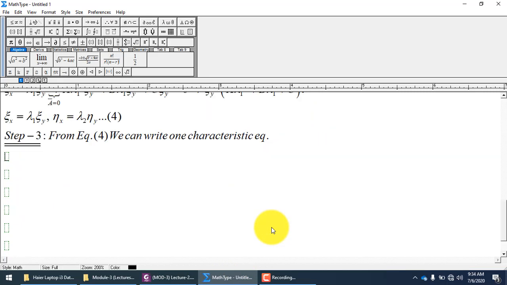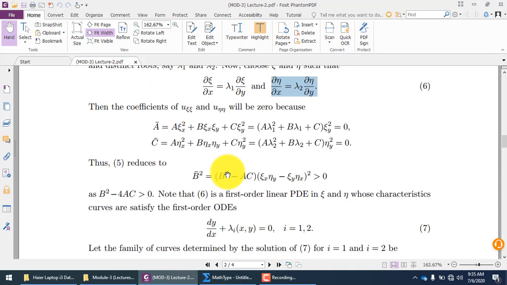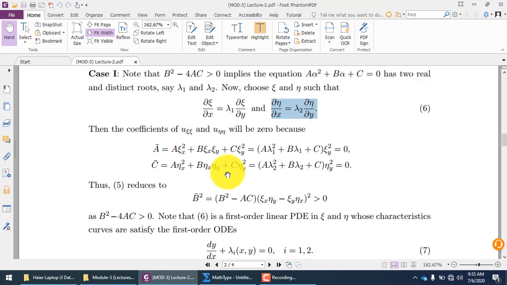This says that the characteristic equation is dy by dx equal to a. What is a? A is the coefficient of the dependent variable's derivative, if you remember. So you have a as lambda 1, and in the other case a is lambda 2.